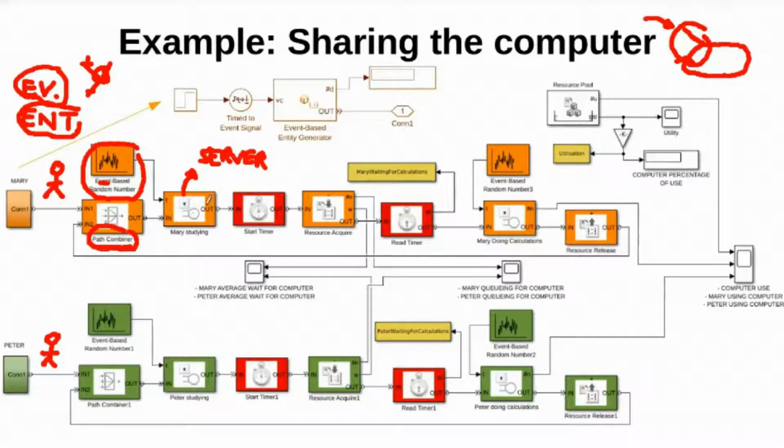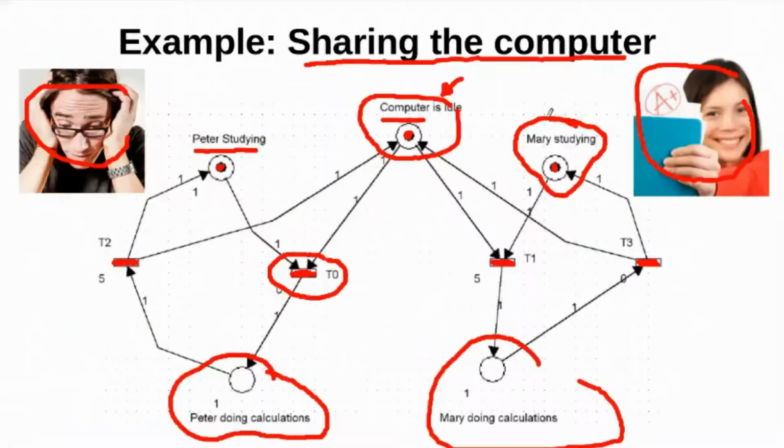Then, once Mary has finished the studying process, Mary will go to the doing calculations process. You remember? Let's go back to the Petri net. Here we have Mary studying. And depending on time, Mary can switch to Mary doing calculations. But in order for Mary to switch to Mary doing calculations, Mary needs the computer to be idle, okay?